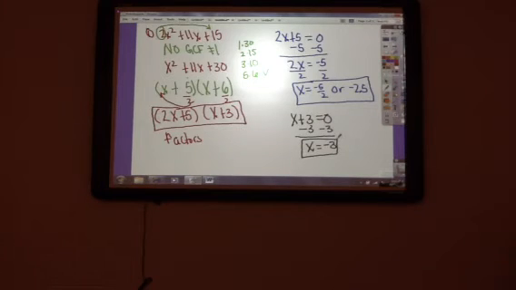These two solutions represent our x-intercepts. This is where the graph will cross the x-axis, and our graph is a parabola. Alright, so let's go on to another example.